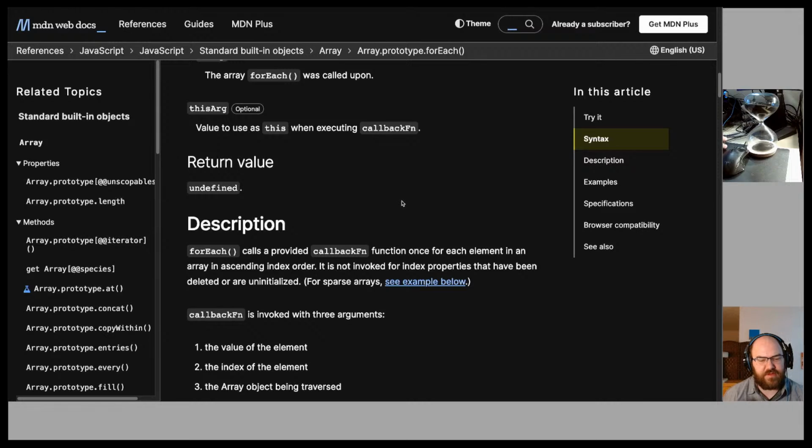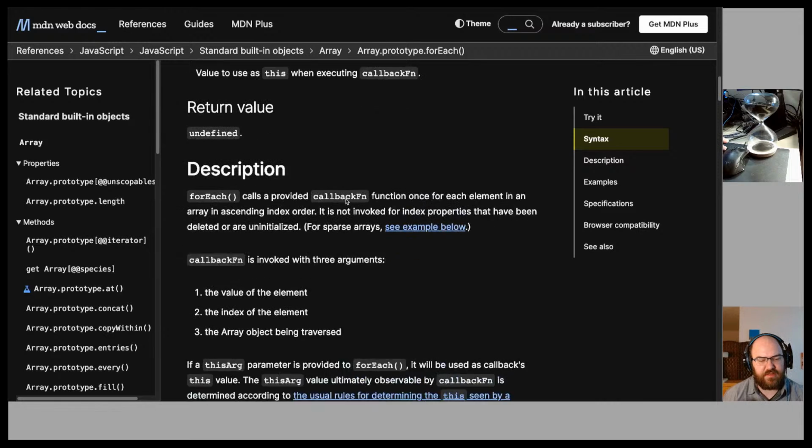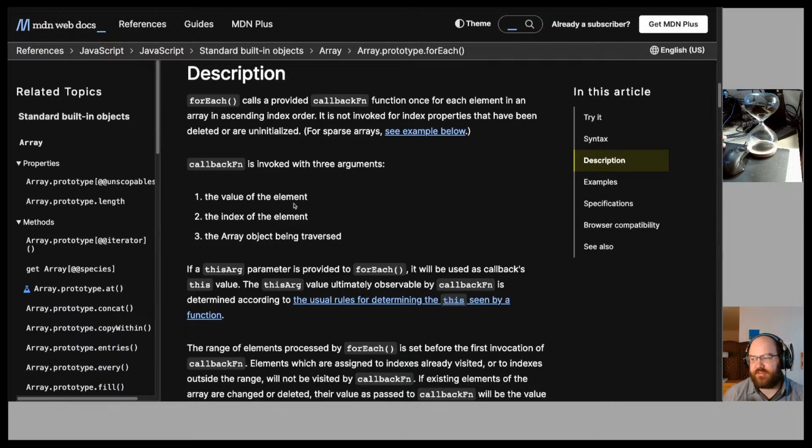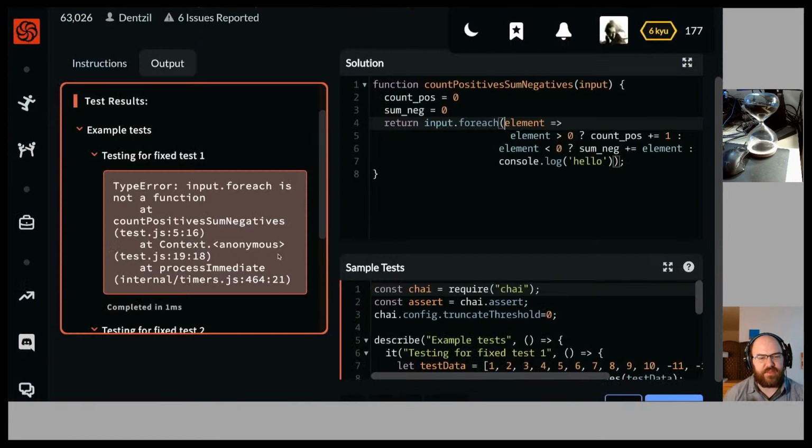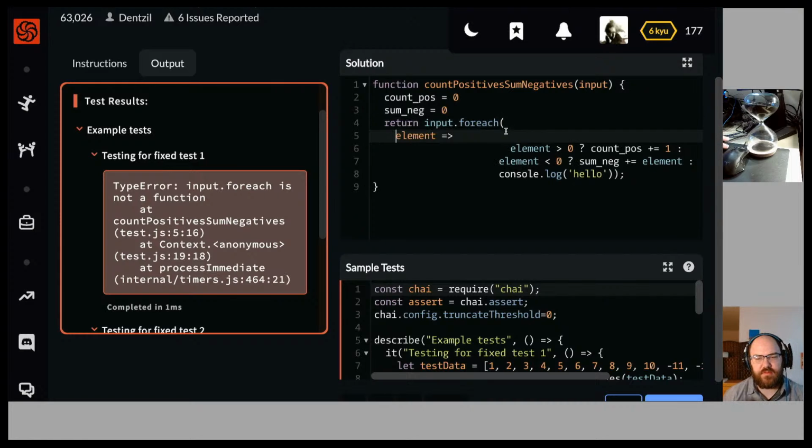It is not invoked for index properties that have been deleted or uninitialized. I don't think that uninitialized or deleted is going to be relevant in my case. The range of elements processed by forEach is set before the first invocation of the callback function. I don't think that matters here. So what am I doing that makes it think that I'm trying to turn forEach into a function?